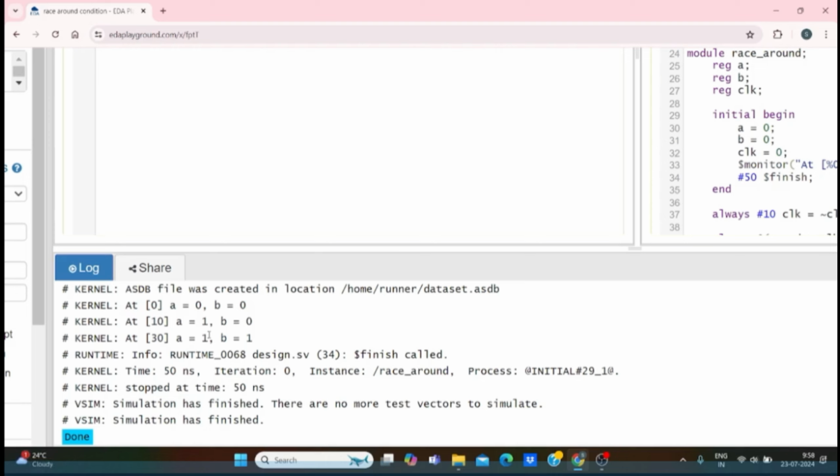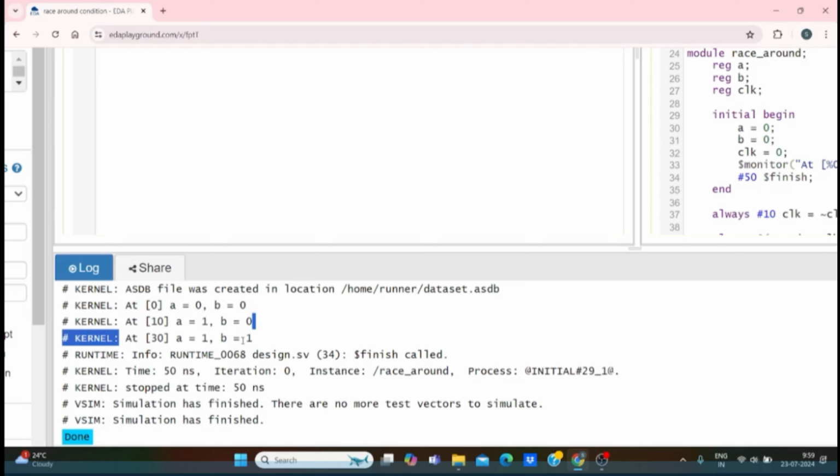If you see here, when you are executing the same in blocking statements, you are missing this particular execution, is it or not? In case of blocking statement, both of these cycles are mixed up and the value is a equal to 1, b equal to 1. That means you are missing certain values there. So certain assignments you are missing in case of blocking assignment.